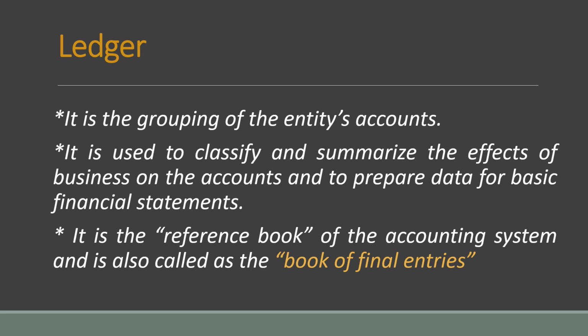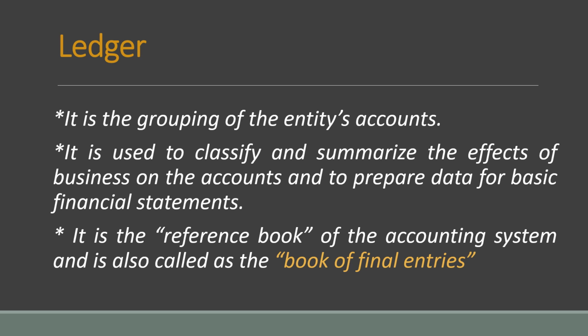So these are the income accounts and expenses account. Kapag sinabi natin temporary or nominal accounts, it is only used to gather informations for a particular accounting period. So at the end of the period, the balances of these accounts are transferred to a permanent owner's equity account.